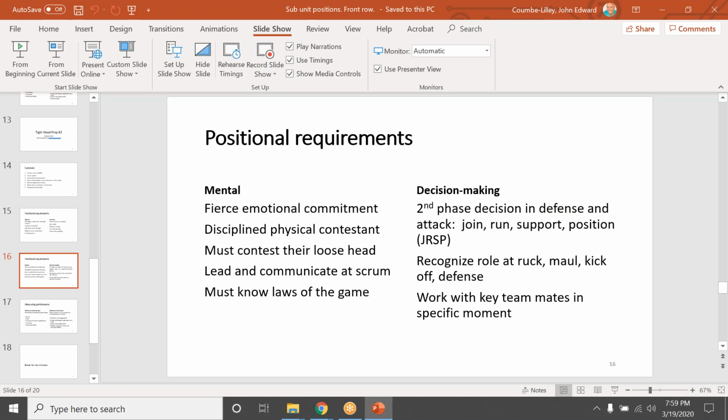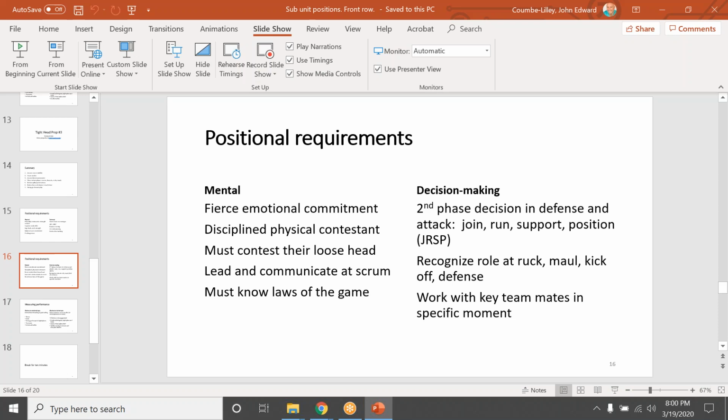Mentally, they have a fierce emotional commitment to the contact, and are extremely disciplined because of the front 3. They're the player that's going to be under the most pressure. So they have to be able to sustain emotional intensity from the loose head and be comfortable being attacked, and comfortable defending and attacking themselves when we have enough stability in the scrum to go forward.